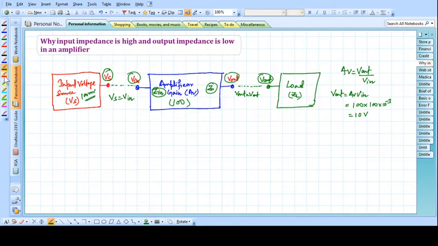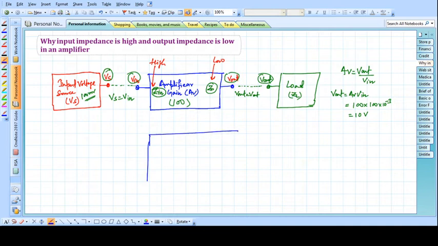So this should be high and this should be low. Why this is high or low, I will show you. This is just some basic idea, so for this purpose I am making another diagram.